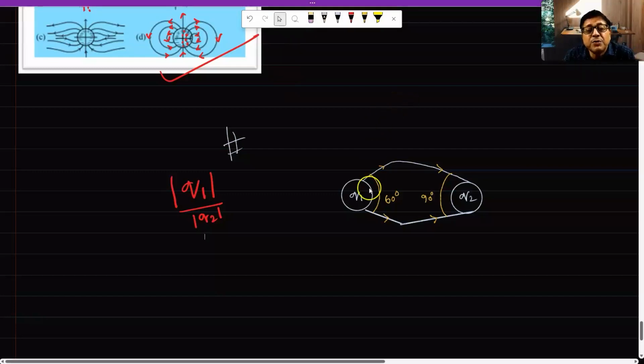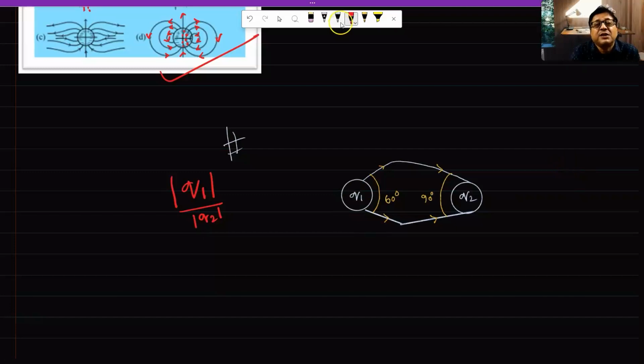So, if this one is 60 degrees, how many lines of forces can we get in this manner? 60 degrees is given here. Total angle 360 degrees about the point when these lines of forces terminate at the charge. So from Q1, we can draw for Q1 only 6 lines of forces. 6 lines of forces, let us draw now.